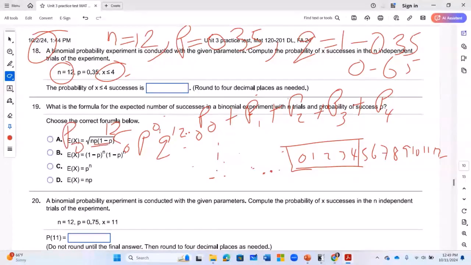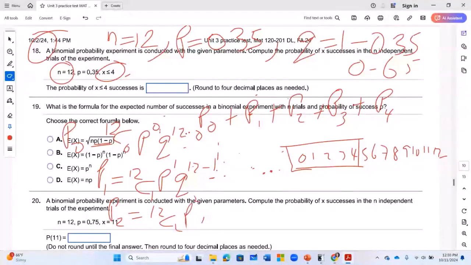Then P1 is the same as 12 combination 1, success to power 1, failure to power 12 minus 1. Then if I'm looking for P2, P2 is the same as 12 combination 2, success to power 2, failure to power 12 minus 2.